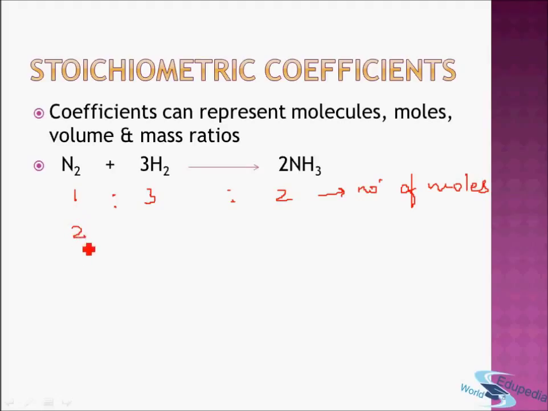I have number of moles of molecules of nitrogen as 2. Alright. So if I take 2 moles of nitrogen, this implies I would need 6 moles of hydrogen for complete reaction. And upon completing the reaction, these will form 4 moles of ammonia. Alright. I will get 4 moles of ammonia as my final product.